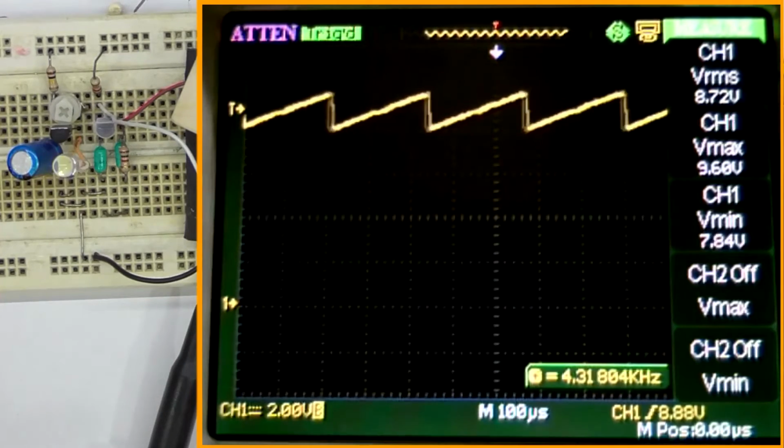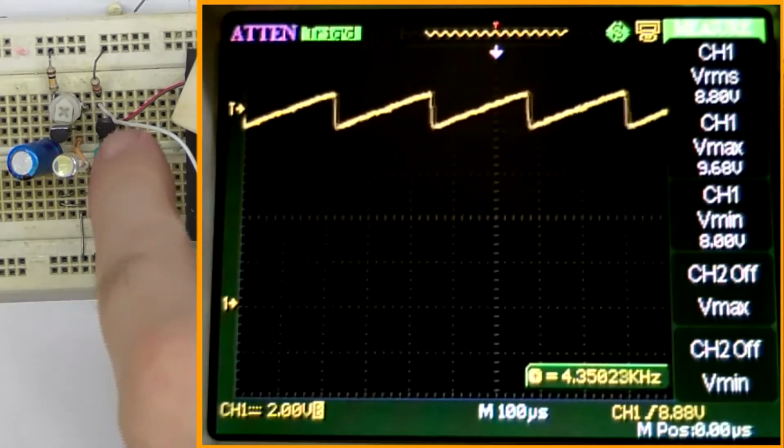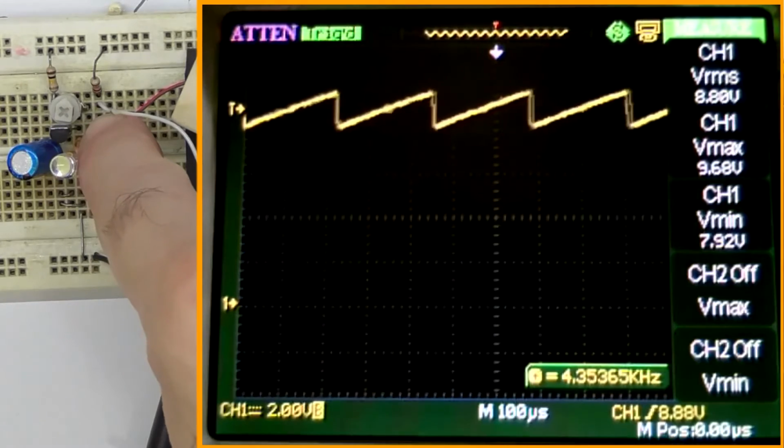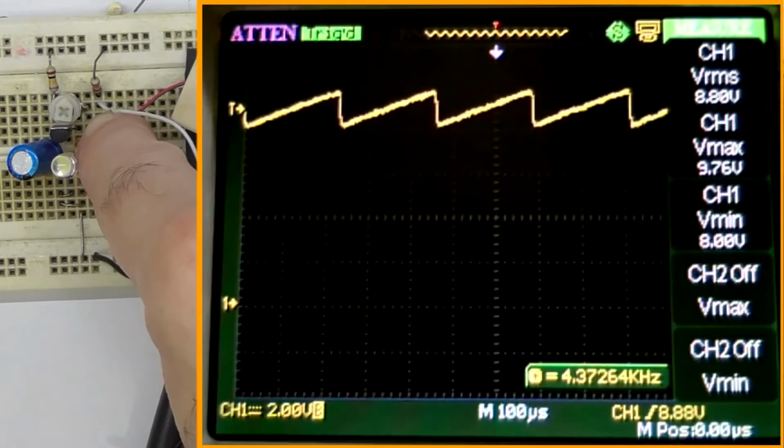Frost it over, 4.3. Starting to recover. Back up again. You can just hear it coming up.